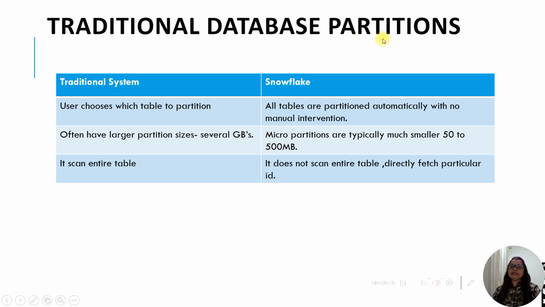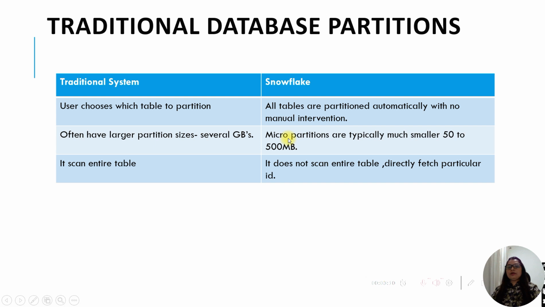Next is traditional database partitions. Let's understand the difference between the traditional system and Snowflake. In the traditional system, the user chooses which table to partition. But in Snowflake, all tables are partitioned automatically with no manual intervention. Traditional systems often have larger partition sizes, several GBs.